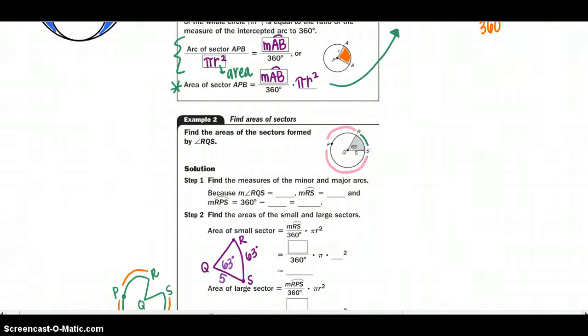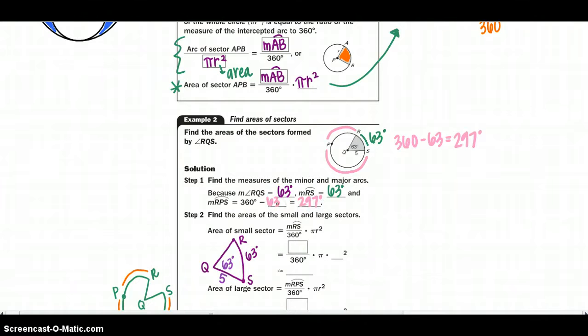So my angle RQS equals 63 degrees, so the measure of my green arc would also be 63 degrees because of what we learned in the last chapter. But how do I find my other arc? Well, my whole circle is 360 minus the part that I already have for RS. So that would give me 297 degrees. I can fill it in over here.